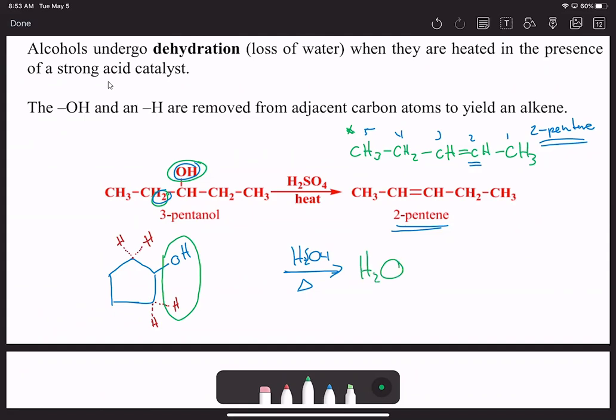So I've now made my water, and now where I remove that hydroxy and that hydrogen is where I'm going to put my double bond, wherever we happen to remove that water from.